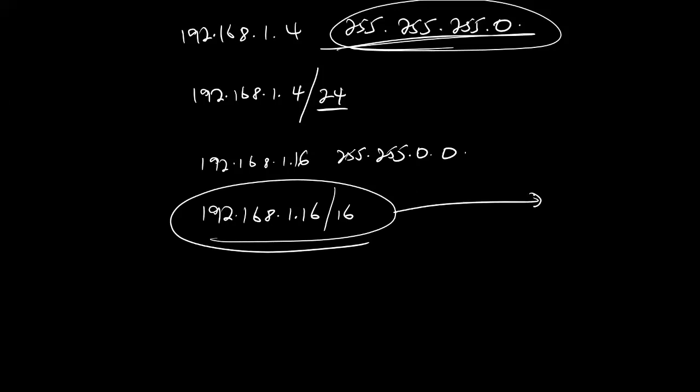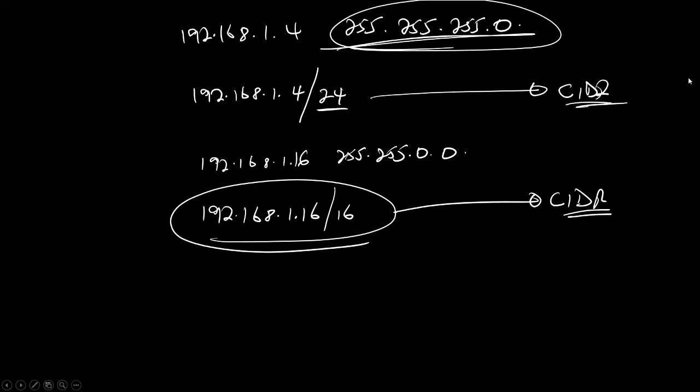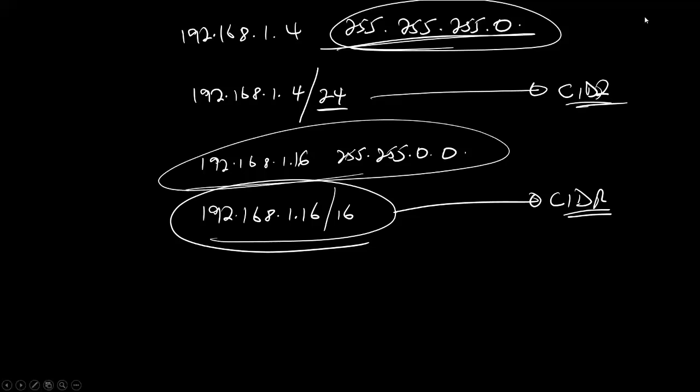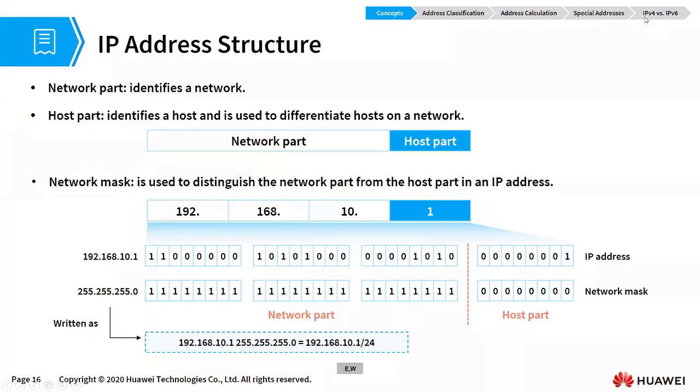Now this is what we call the classless interdomain routing notation, normally pronounced as CIDR notation. This is the traditional one. That's why you see that right here, instead of writing the entire thing.